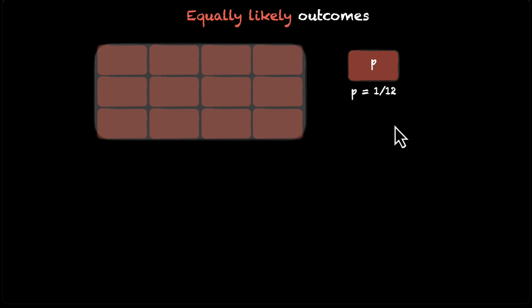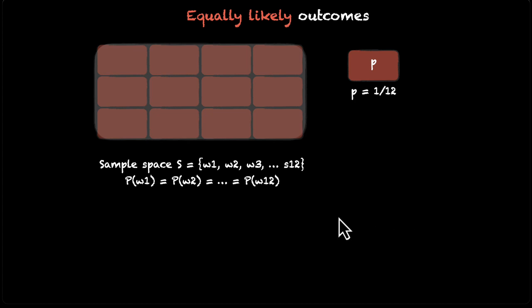But we're also going to prove this using the axioms that we discussed in the previous video. Okay, let's do this step by step. The sample space is S and we have these 12 equally likely outcomes. We know that the probability of each of them is the same. They're all equally likely, and that's by definition because that's exactly how we have defined these orange events.